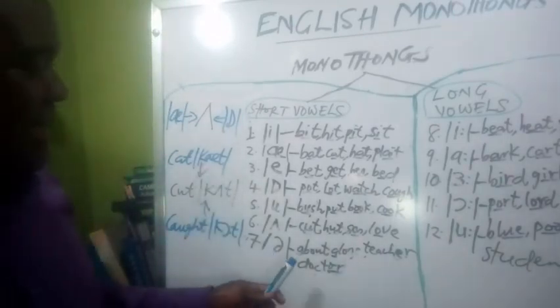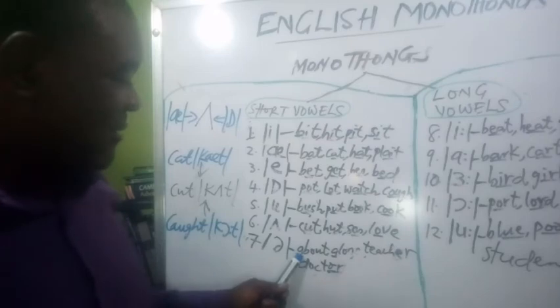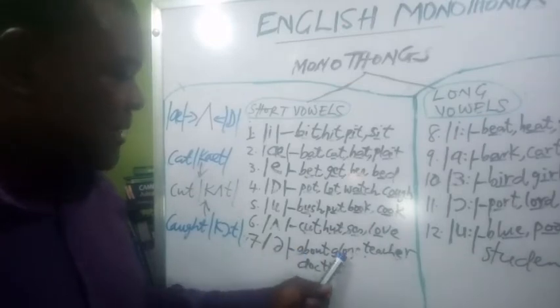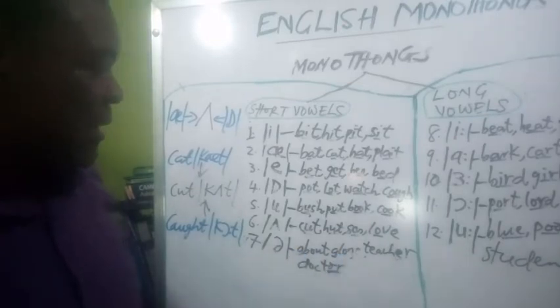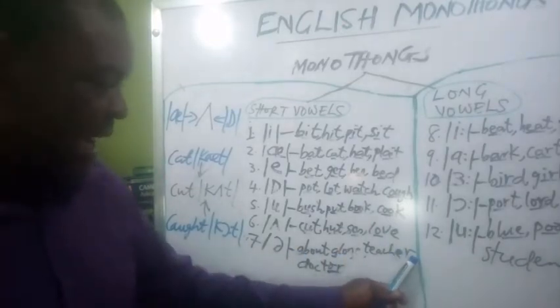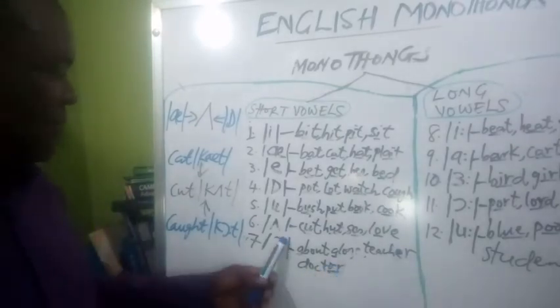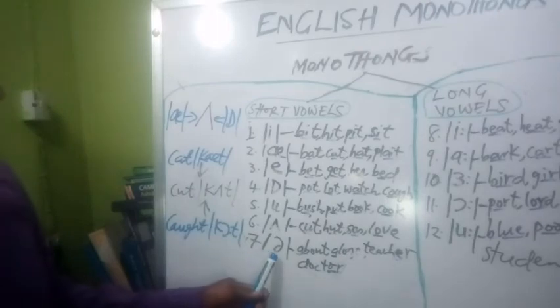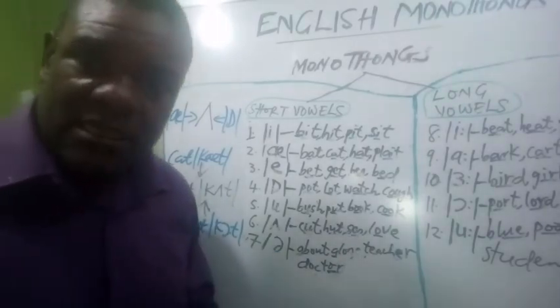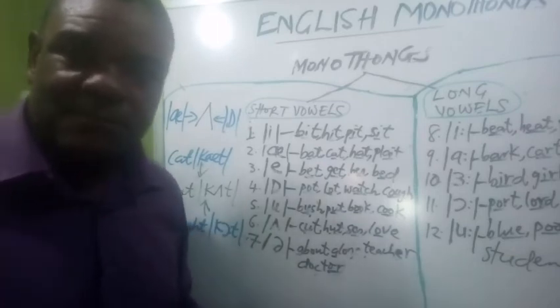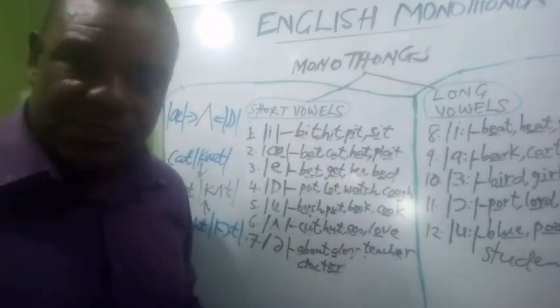For instance, the schwa sound in these words is always pronounced a, and people say about, alone, teacher, and doctor. But this sound is distinctly unstressed, and it is articulated from a resting position.